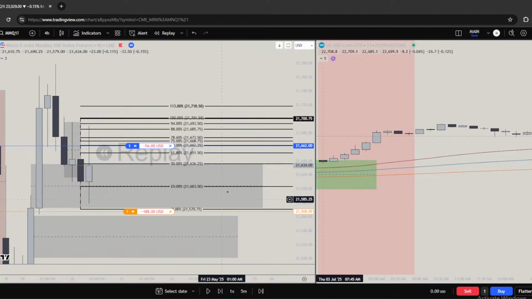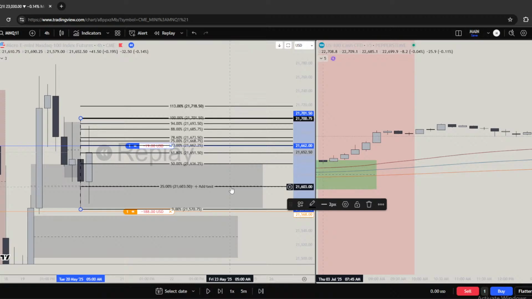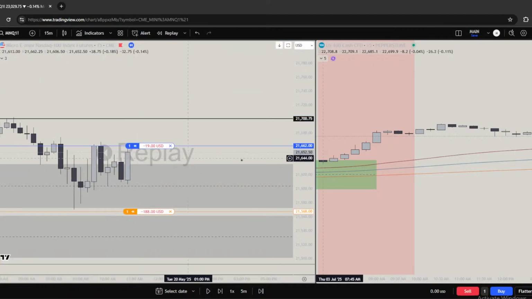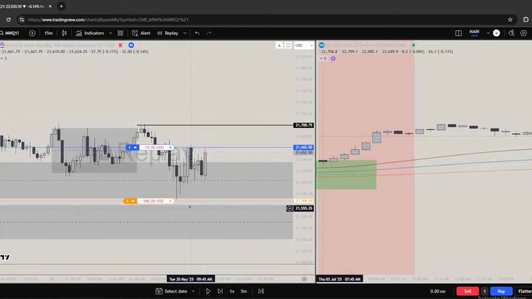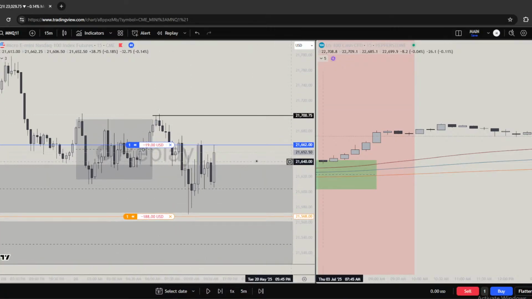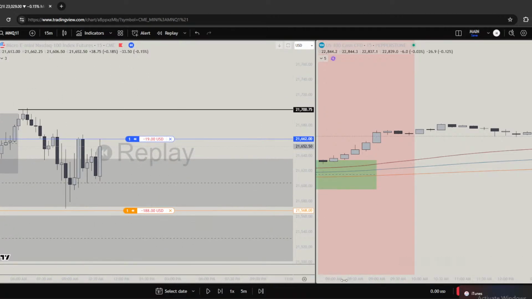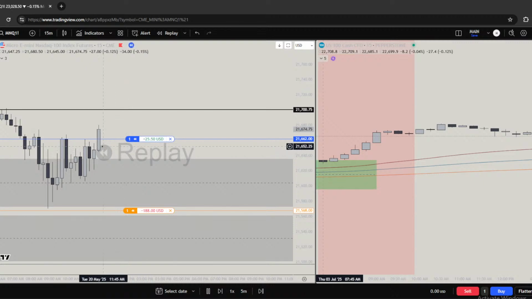It goes in below 50%. Yeah, this is that initial displacement. Now we're filling the close out above it. Now we're struggling to close out above it. So boom, that should have been that initial entry there.